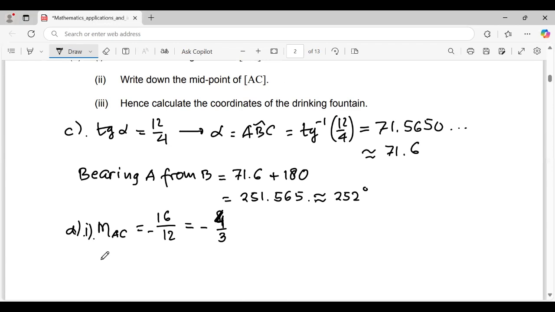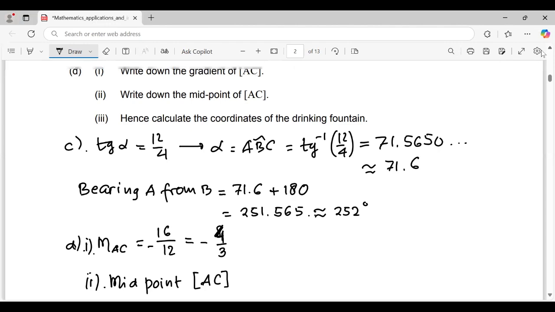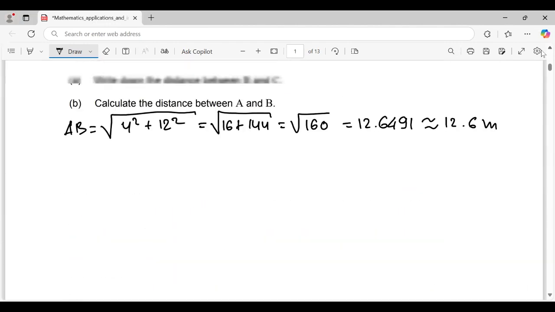And then after that, write down the midpoint AC. So we need information about A and C, the coordinate points.